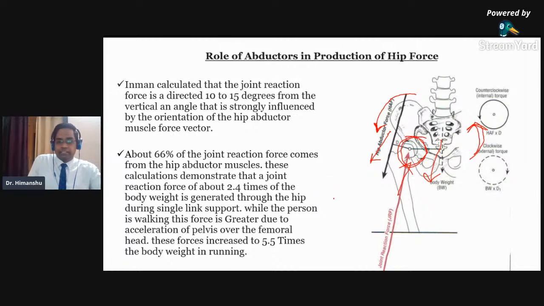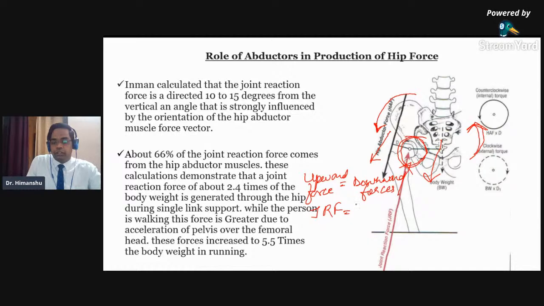So here we can say that there are two forces which are equal and opposite, because it's again a static equilibrium. So upward forces are equal to downwardly directed forces, right? Okay, so the upward force is your JRF, that is joint reaction force, and it equals the downwardly directed forces, that is your hip abductor force plus your body weight.